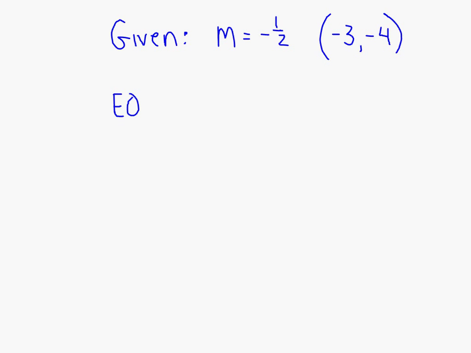If you're given m is equal to negative 1/2 and a point on the line, negative 3, negative 4, and you're asked to write the equation in point-slope form, your equation is the letter y and then the opposite of your y value.